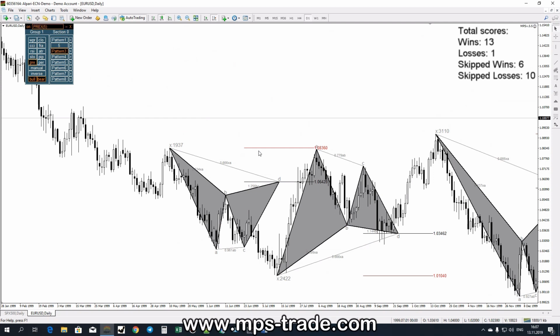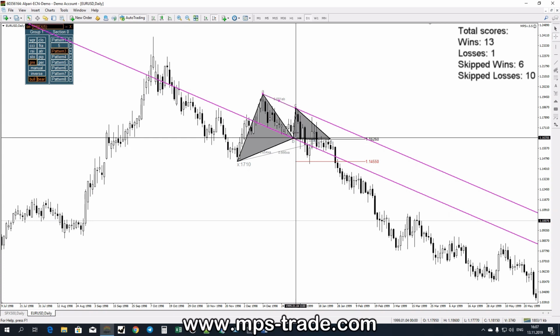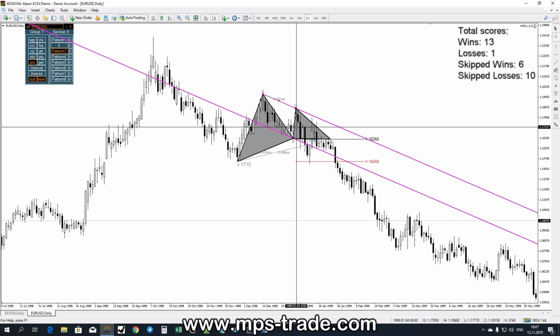This was invalidated. So what happened to this? So it's a B point. 129 to 108. Well, it is less than 50%, and it moves to stop loss.